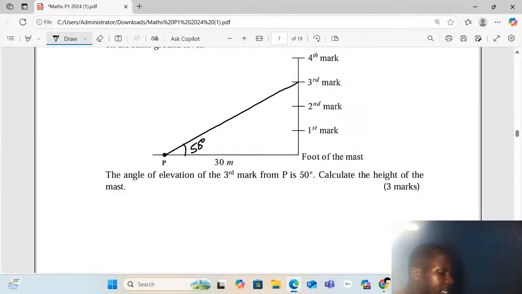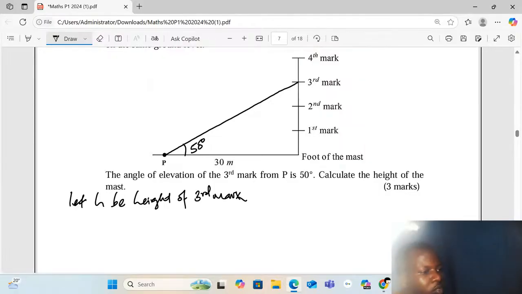We can let h be the height of the third mark. So we let this be h.